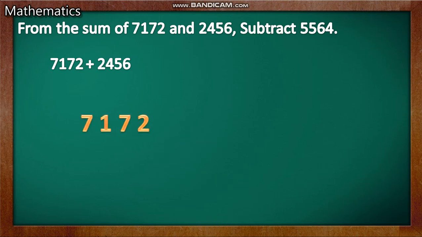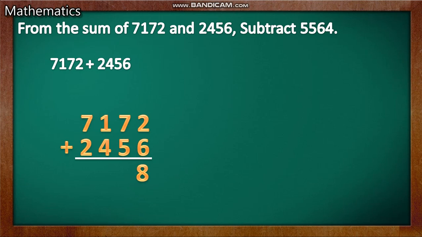That is 7172 plus 2456. First step, draw a line. Then we start from the ones place, that is, from the right side. 2 plus 6, what is the answer? 8.